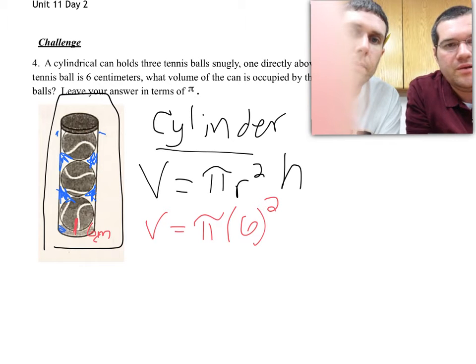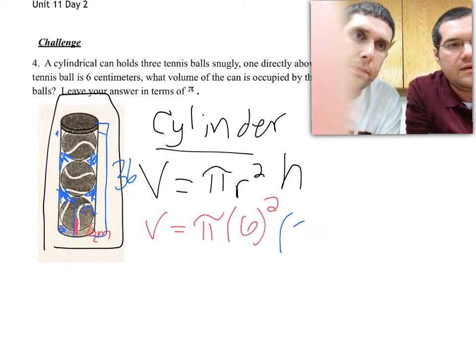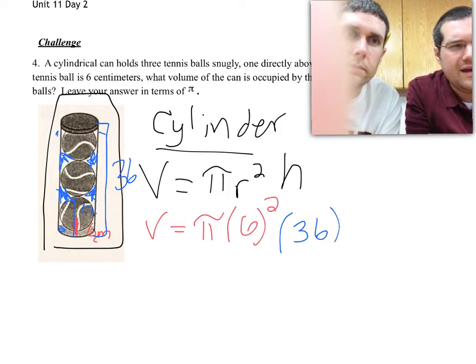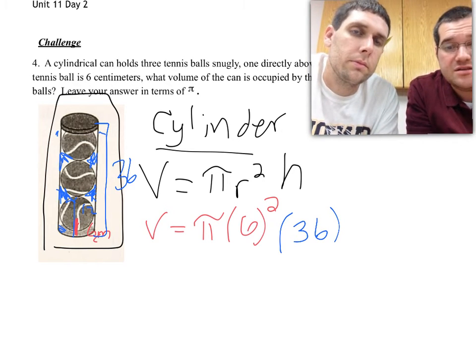So I'm going to take that 6 centimeters, which is for the radius, so then the whole ball really is 12. And if it's 12, 3 times, the whole entire height of this cylinder is 36. That part you have to kind of problem solve, you have to kind of think about. And then the rest is just plug it into your calculator.